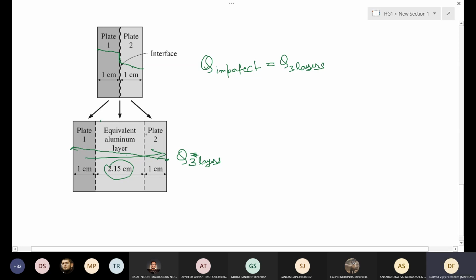Okay. Now, tell me how much percentage reduction in heat transfer if you have a 2 centimeter thick single wall, okay? Compare that with the 1 centimeter thick walls. How much will it be reduced? Come on. Can you repeat the question again?